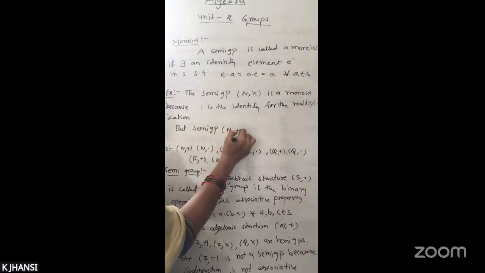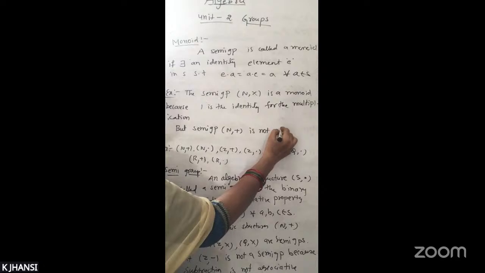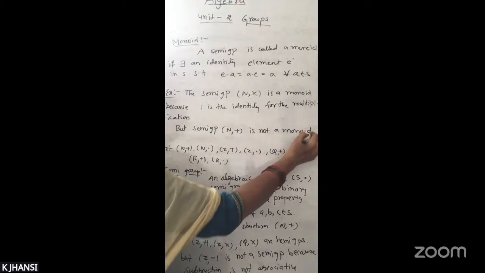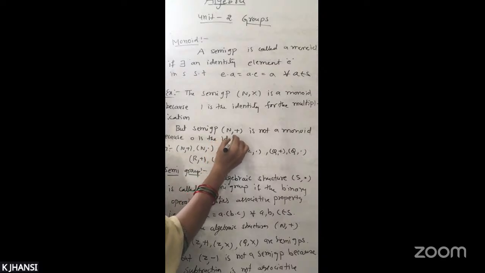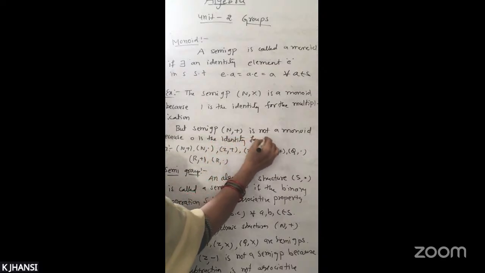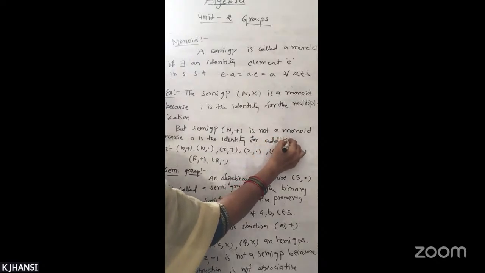One will be there in the natural numbers, but the semi-group (N, +) is not a monoid, because 0 is the identity for addition, which is not in natural numbers.